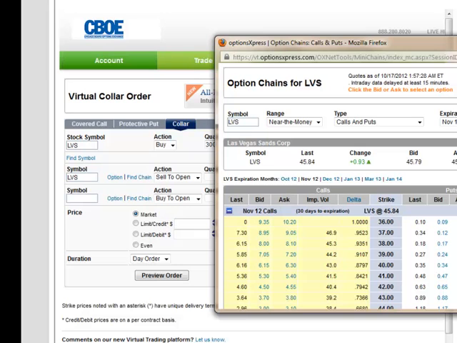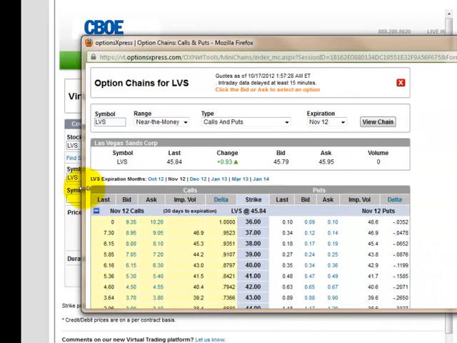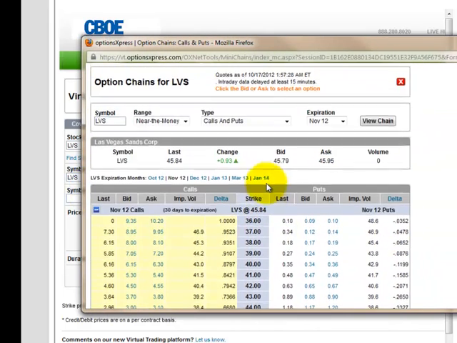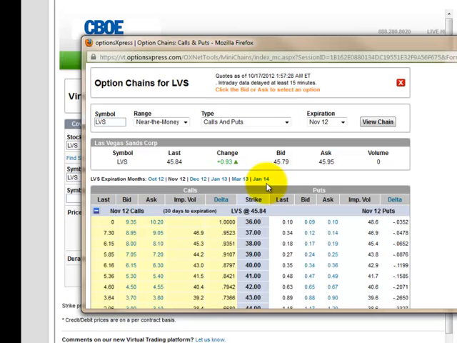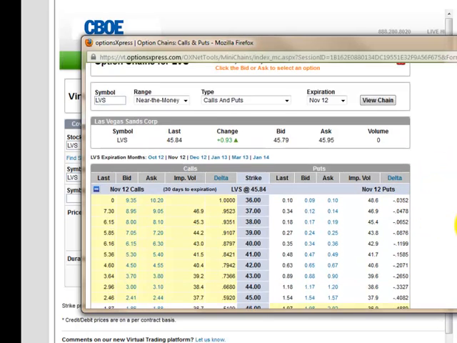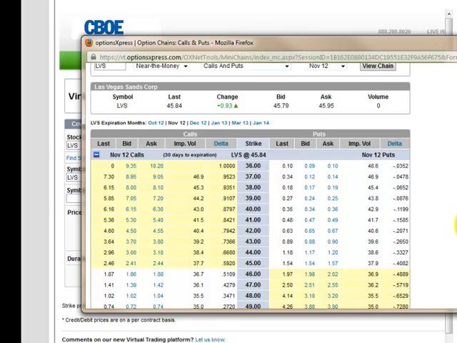and I've clicked on November there, and just make this a bit bigger so we can see what's going on. Now, in the real Options Express platform, there's a bit more information here, but this is enough for us to go by. So we see that was the last price there, and what I'm going to do is look for the next call option that is above the current price, which is 46.